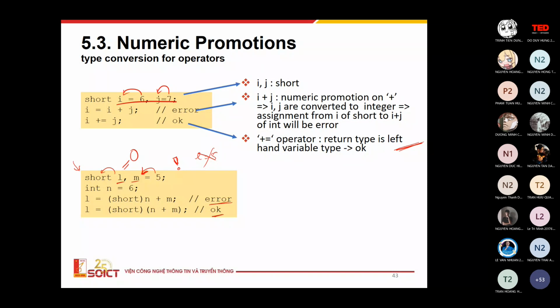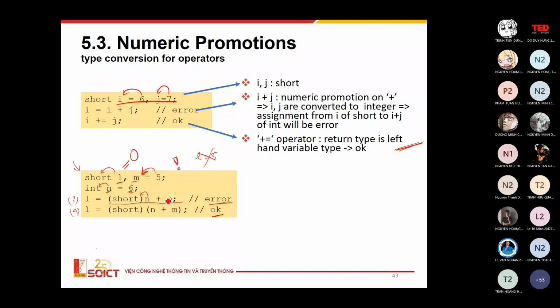Okay, can you continue? The second line we define the variable named n with type integer and assign 6 to n. Okay. The third line, why is it an error? Because the right hand side, we cast explicitly to short.